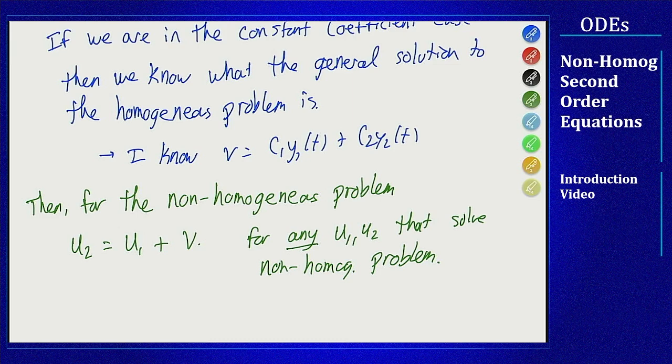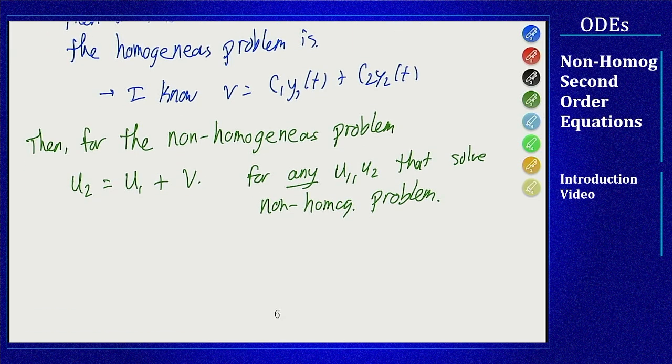And so to get to any solution, we're going to look at this thing being our general or any solution to the non-homogeneous problem. I have to pick something that solves the non-homogeneous problem and then add the general solution to the homogeneous problem.